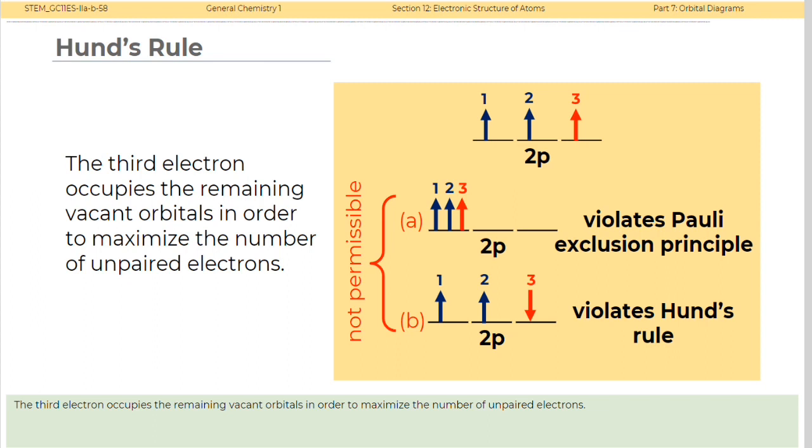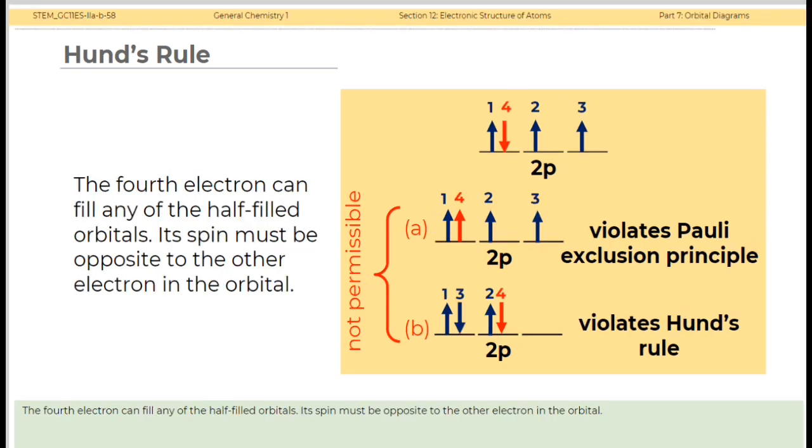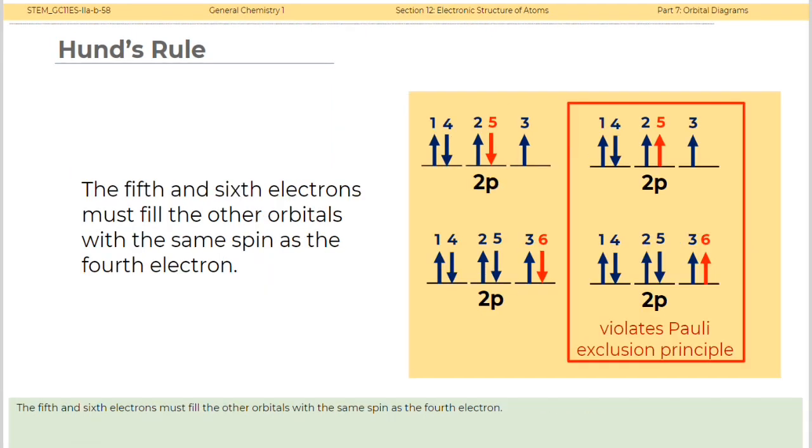The third electron occupies the remaining vacant orbital in order to maximize the number of unpaired electrons. The fourth electron can fill any of the half-filled orbitals. Its spin must be opposite to the other electron in the orbital. The fifth and sixth electrons must fill the other orbitals with the same spin as the fourth electron.